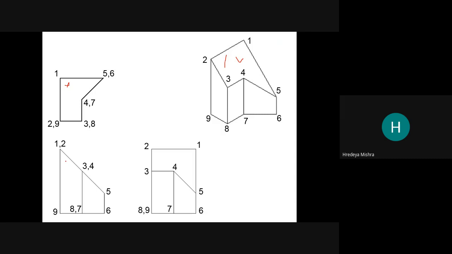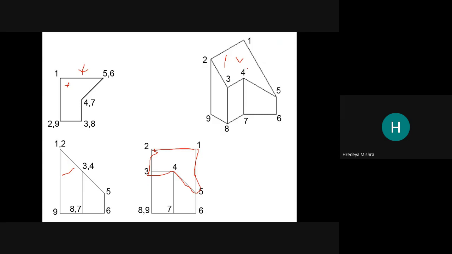So it is not possible to get this surface's true shape in the front view. From the top view also we do not get the true shape. Here 1 2 3 4 5. See, is this the original shape or true shape?